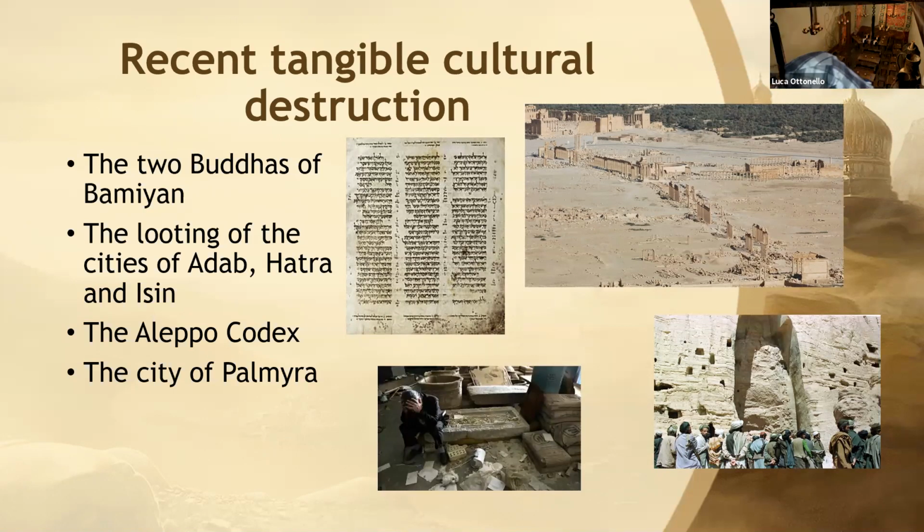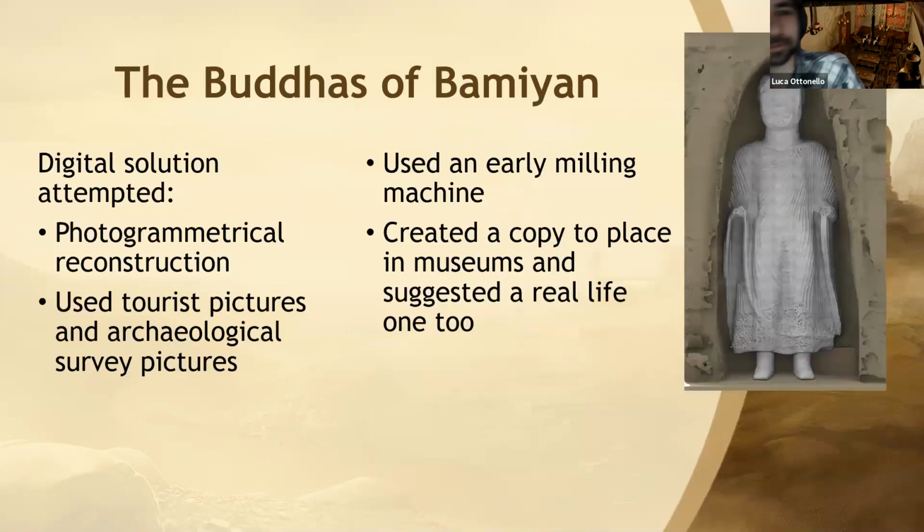So what can we do with digital technology? With the Buddhas of Bamiyan, which was kind of a back and forth between the community and the people interested in reconstructing, they started with photogrammetric reconstruction of the site.